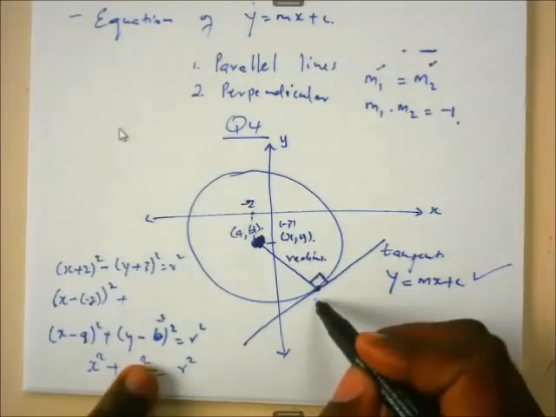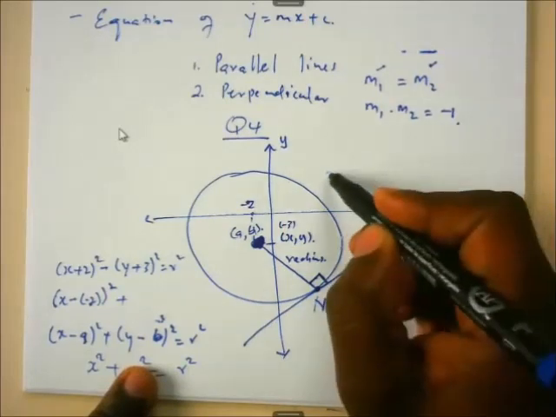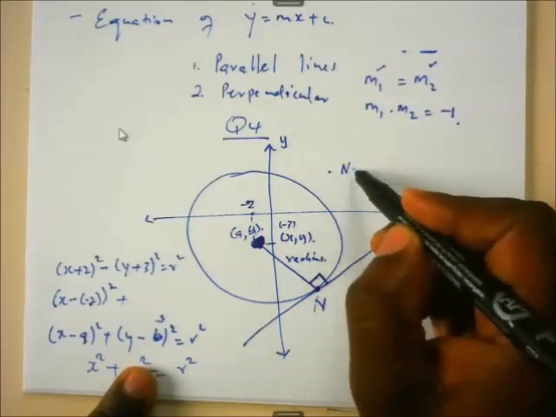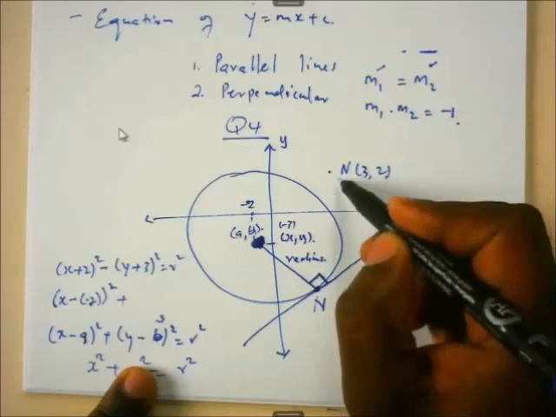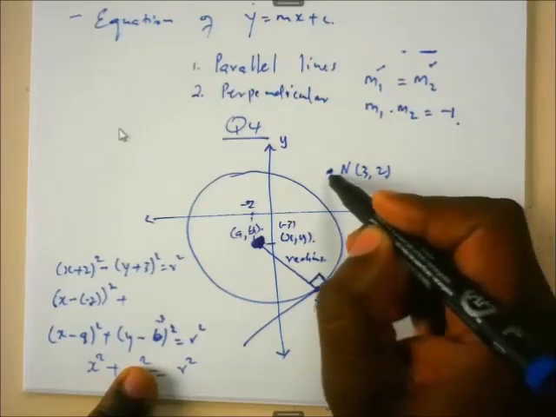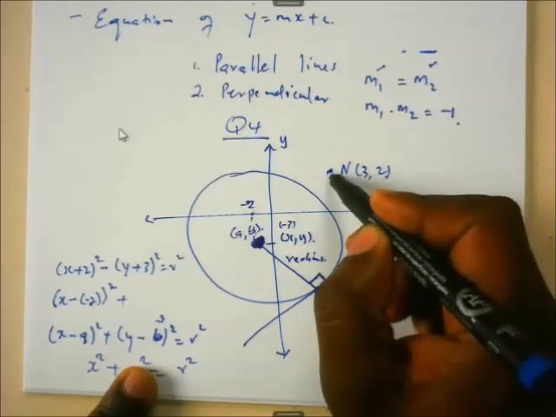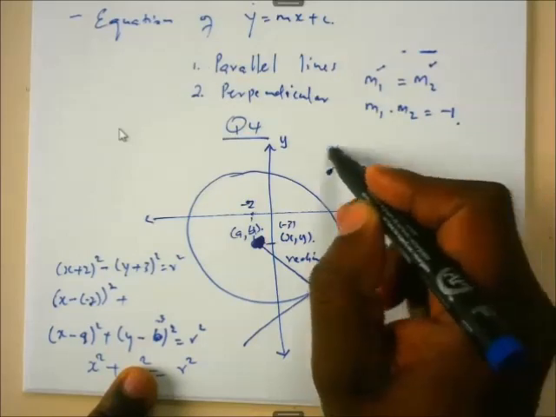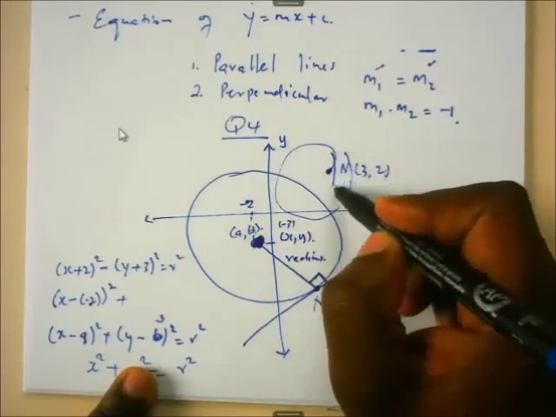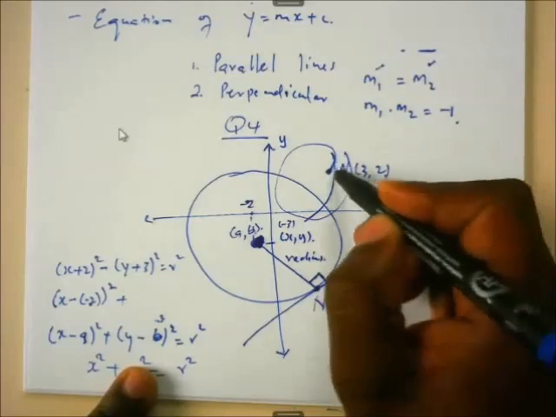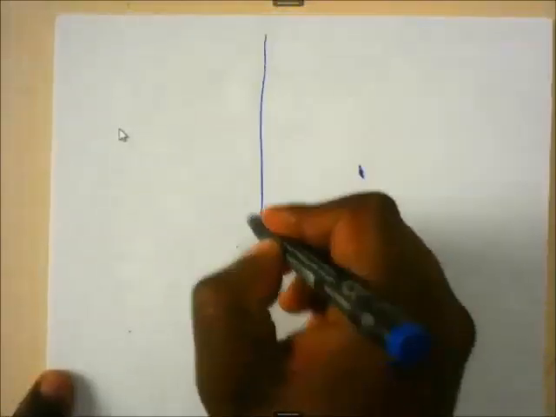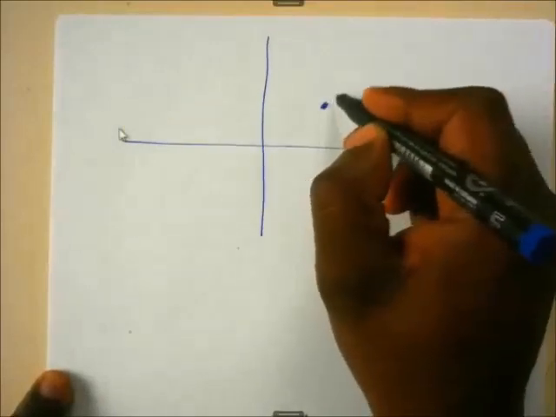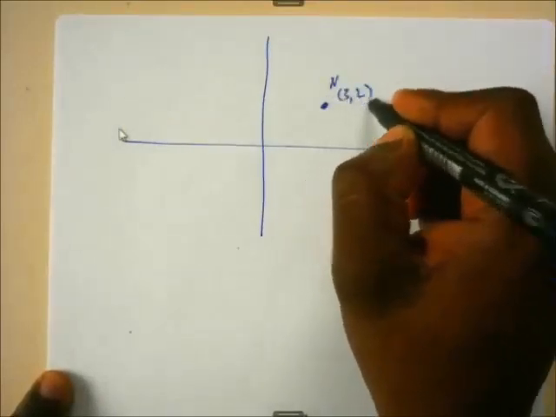The circle has got a point here, maybe N is supposed to be here. 3 and 2, so it means this is a point on the circle. I don't know, whatever way. There's a circle. That diagram is not helping us at all. There's a point here, N is 3 and 2.